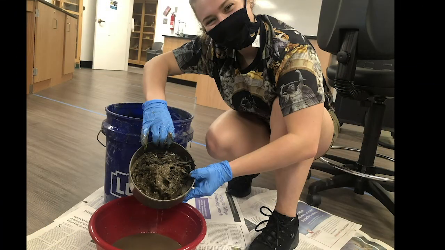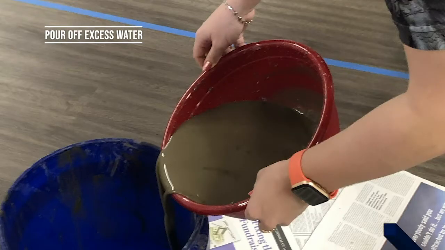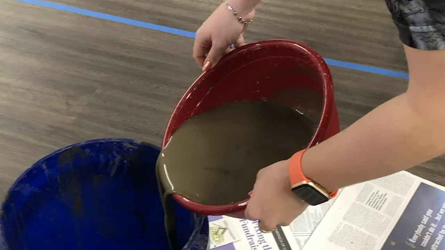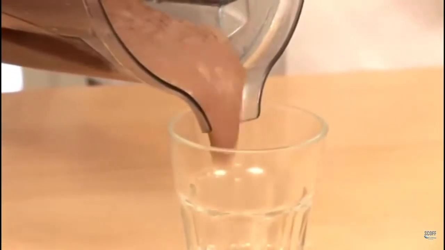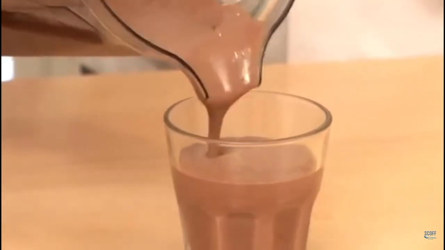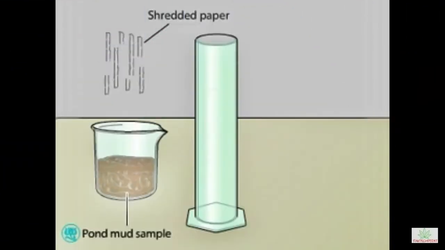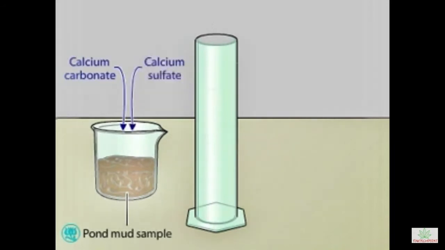After separating the organic matter, you'll then take the sediment at the bottom of the bowl, allow it to sit, and then pour the excess water on top, creating the perfect milkshake consistency. Now that you've got the consistency, you'll want to take your shredded paper or cellulose source and put it inside of your mud sample.